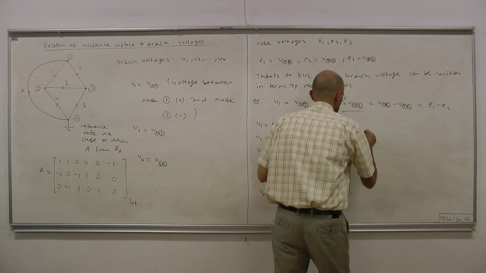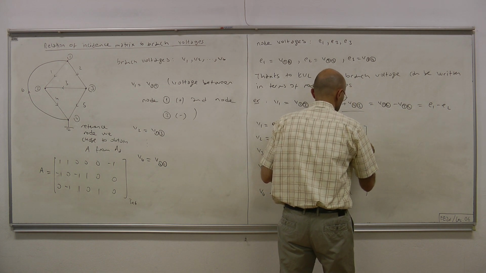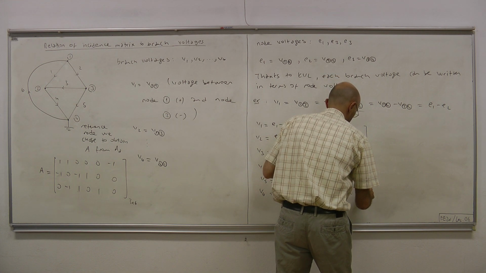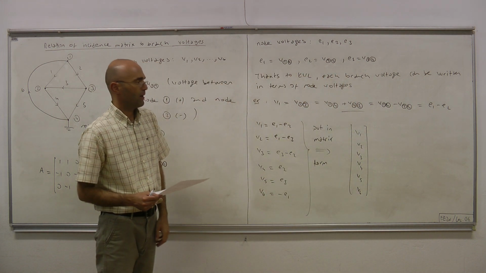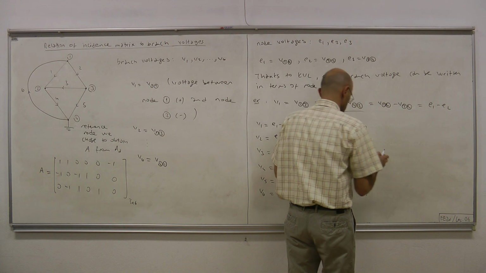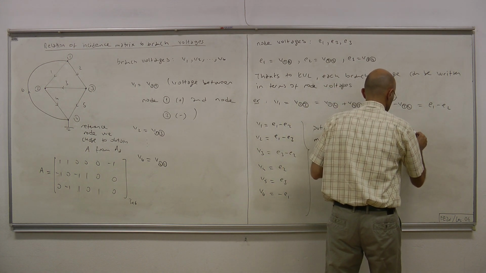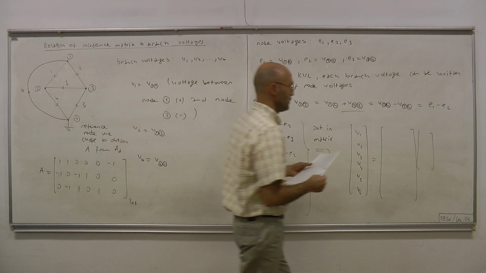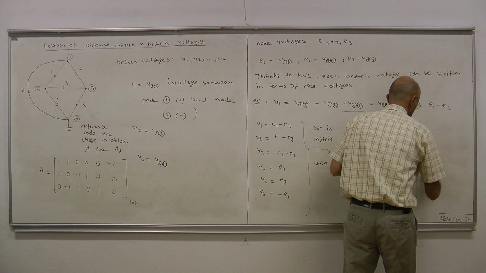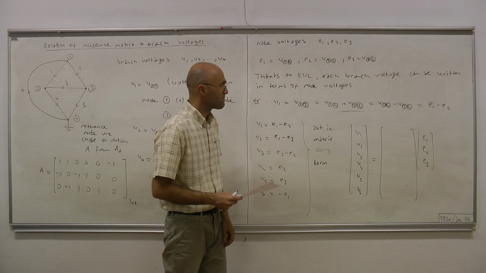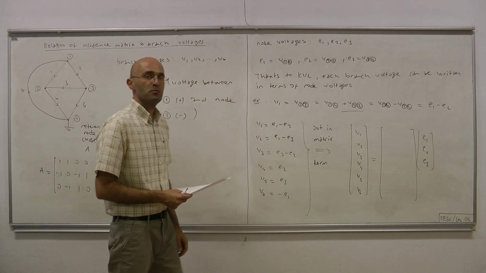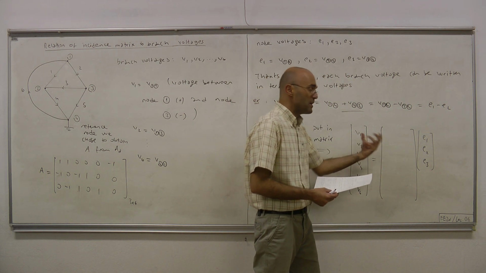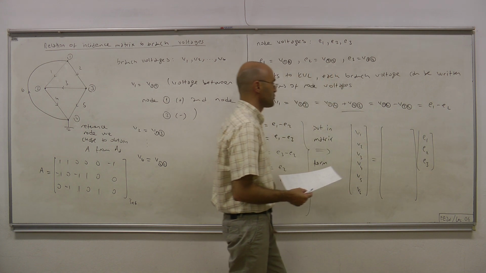Let's put the branch voltages into this vector, which we call the branch voltage vector, V1 up to V6, and they are related to the node voltages E1, E2, E3, which make our node voltage vector. Every branch voltage can be represented in terms of node voltages. Then this matrix relates node voltages to branch voltages.